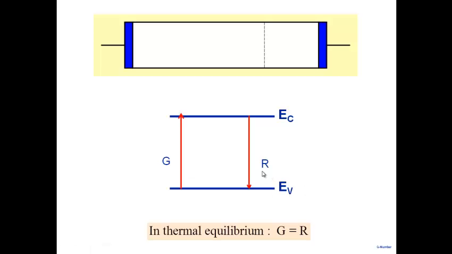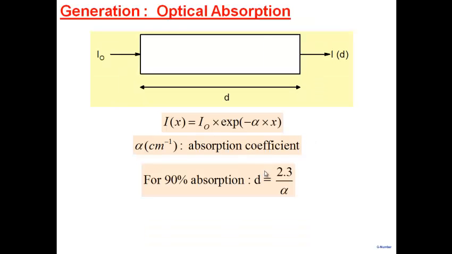There are different mechanisms that do that. We'll look at generation first, and we look at, as I said, optical generation. Optical generation of carriers takes place because the photons are absorbed, and the way we model it is a very simple equation which is given here. So the idea is that you have certain light intensity, I naught, incident on your semiconductor.